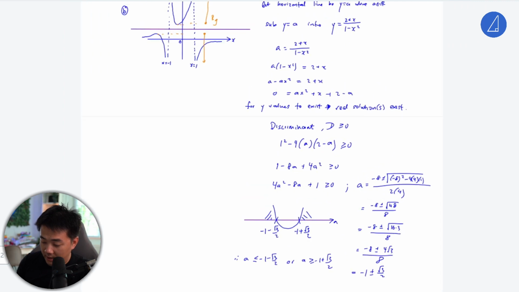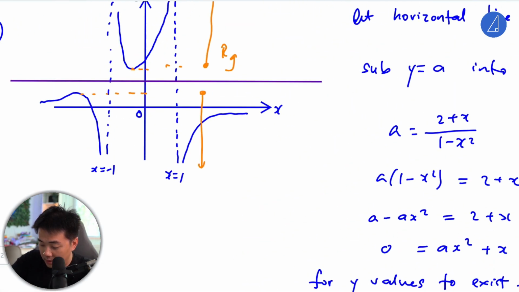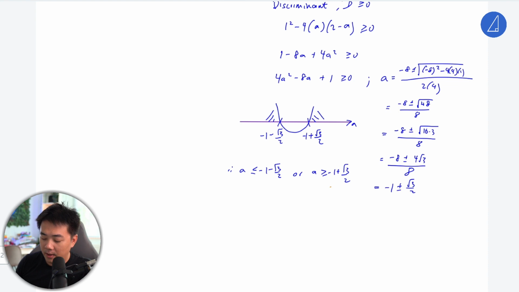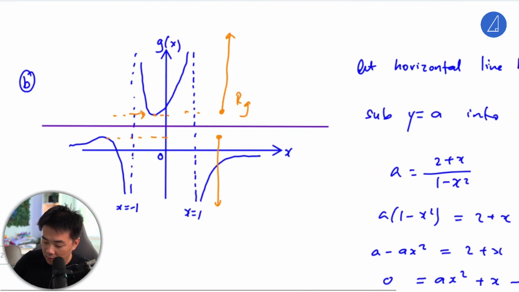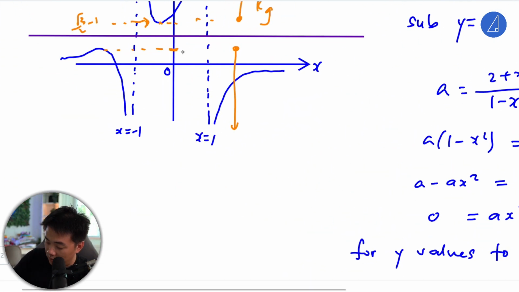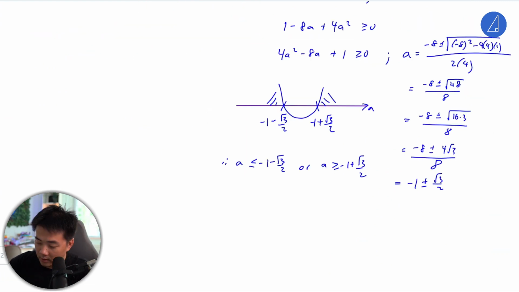What you need to check is that this value here, using a GC, corresponds to the value that we just found. This value here should correspond to minus 1 plus root 3 over 2. So you key in minus 1 plus root 3 over 2. Sorry, there's a careless mistake.